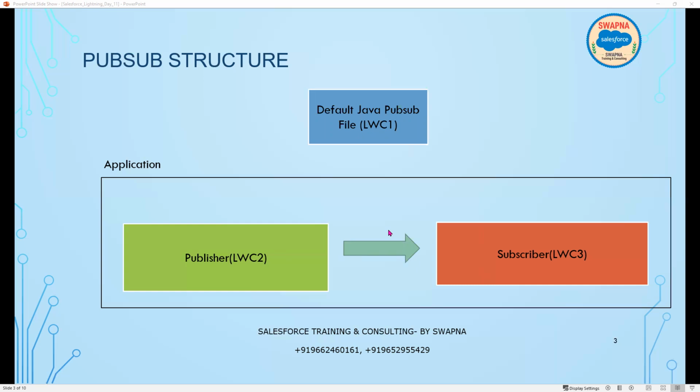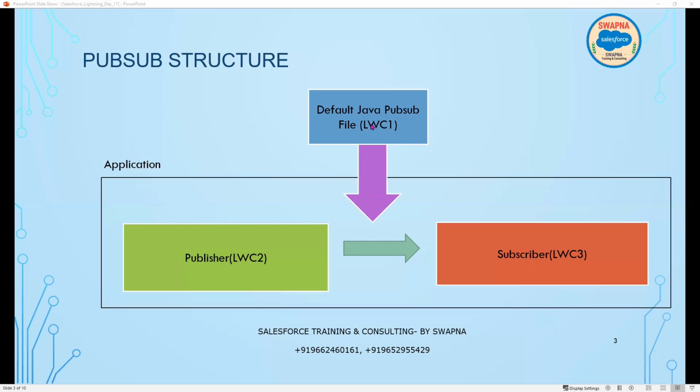This default PubSub file is provided by Salesforce. So what we have to do is insert this PubSub file within the org. Once it is inserted, we have to call this file by importing it in the publisher as well as in the subscriber.